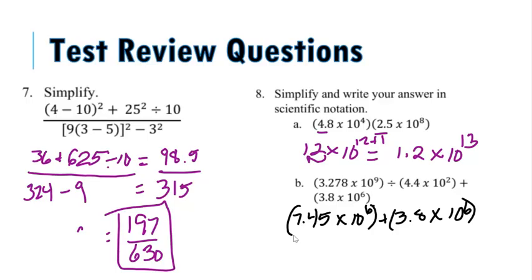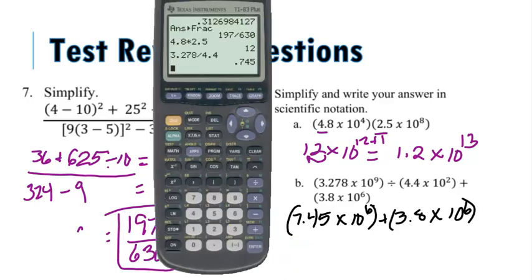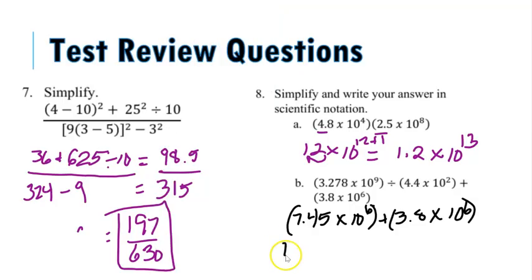and 3.8 plus 7.45. So let's do 7.45 plus 3.8. That's going to give us 11.25. And this is going to be times 10 to the 6th, but this is not in scientific notation.